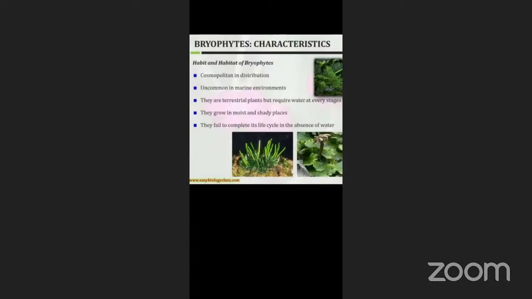So these bryophytes are called liverworts, hornworts, and mosses. Some fossil bryophytes are also there. Rhynia is a fossil bryophyte, and Jungermannia and some species are there.